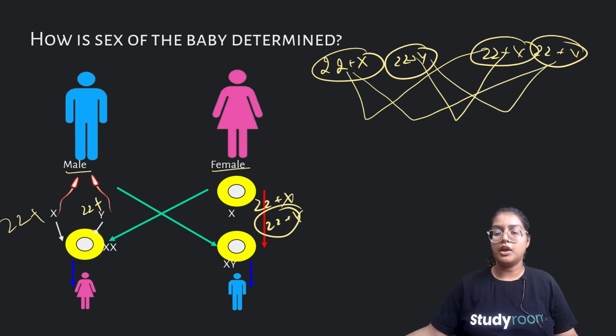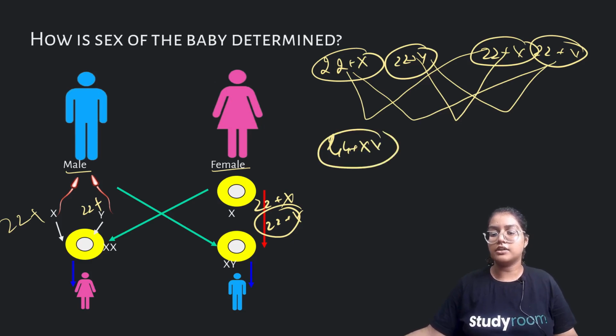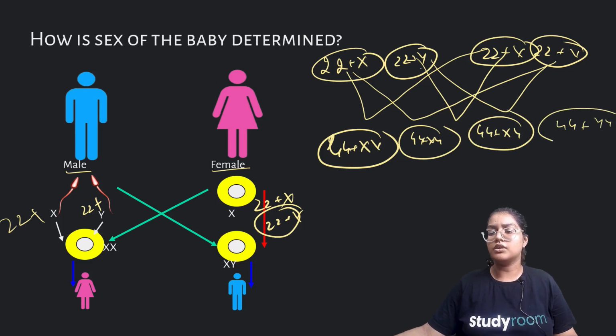So you have 44 plus XX. Then you see this and this, then 44 plus XY. Then this and this, again 44 plus XY. And if you see this, 44 plus YY, this is not the case.